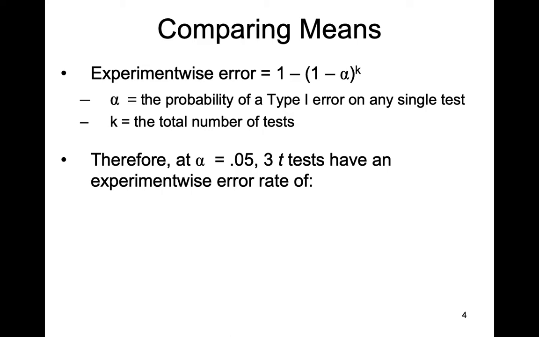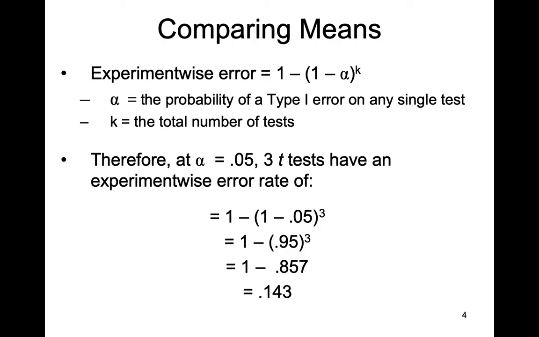Because when we plug in numbers, setting alpha at 0.05, we can determine that three t-tests would have an experiment-wise error rate of 0.143. In other words, there's a 14% chance, a 14.3% chance of making at least one type 1 error across these three tests.